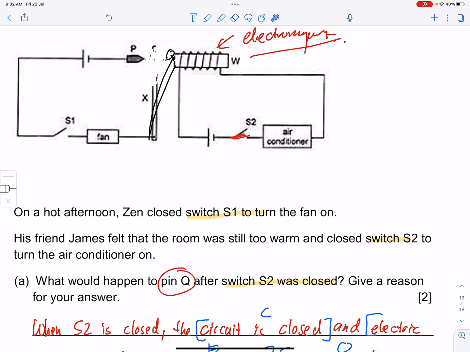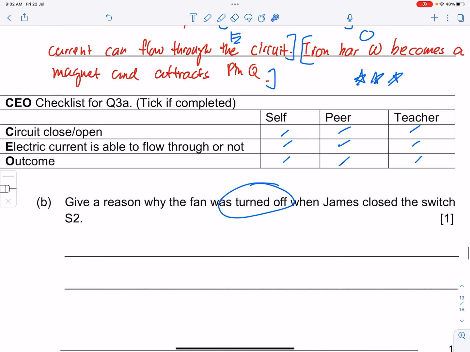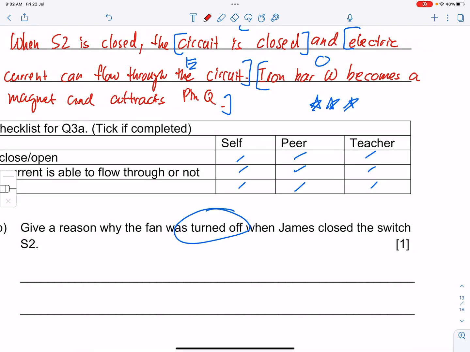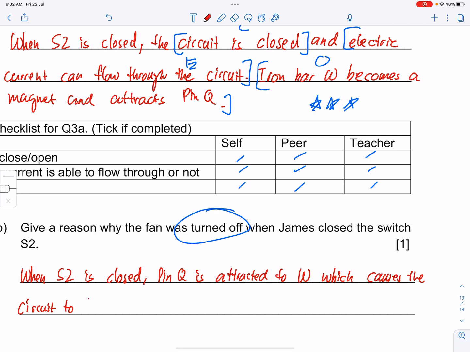That's your O. Like I say, it's okay to repeat the O, but in this case, because they didn't tell you what's the outcome, I'm going to be complete and I will write for you the full answer. So when S2 is closed, pin Q is attracted to W, which causes the circuit to be open.